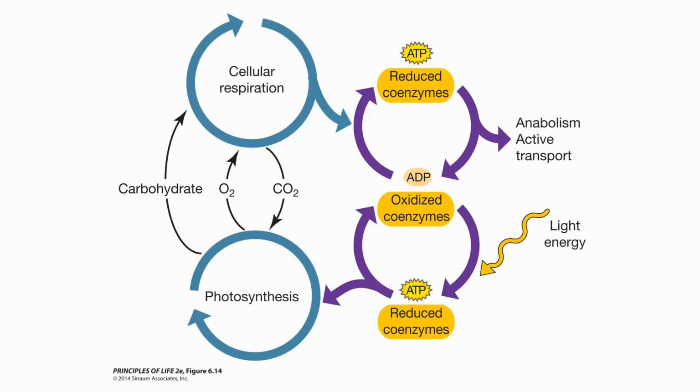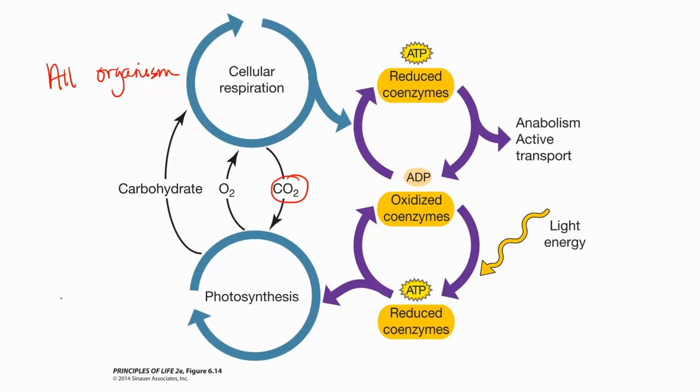And then I just wanted to go back to the relationship between photosynthesis and cell respiration. Remember, cell respiration is performed by all organisms. If you are alive, you perform cell respiration in some format. The common type that we talk about requires oxygen. Then its waste product is CO2, which is one of the reactants in photosynthesis.